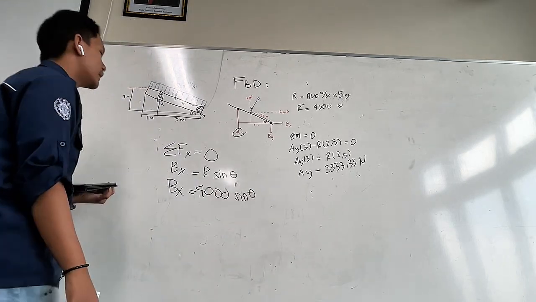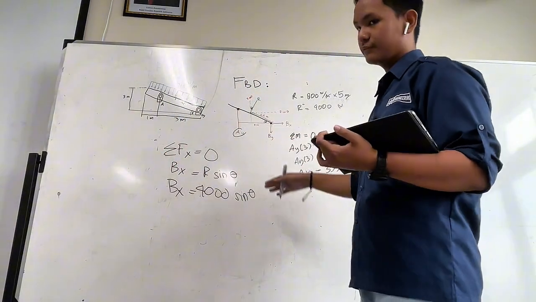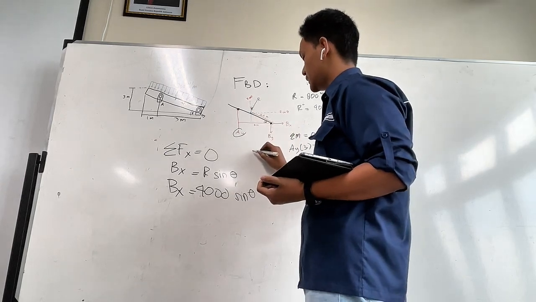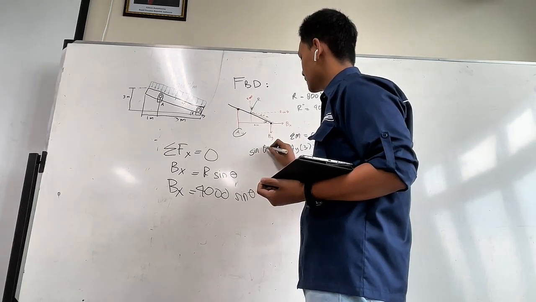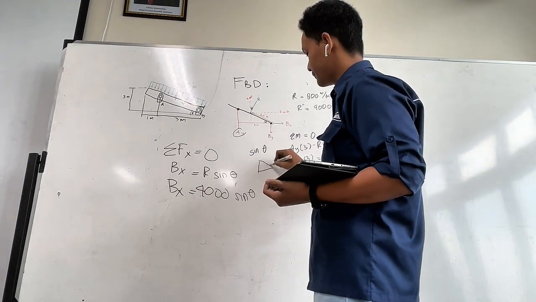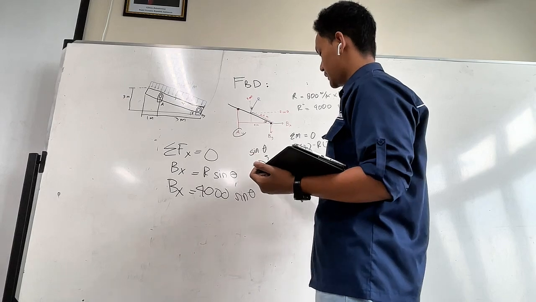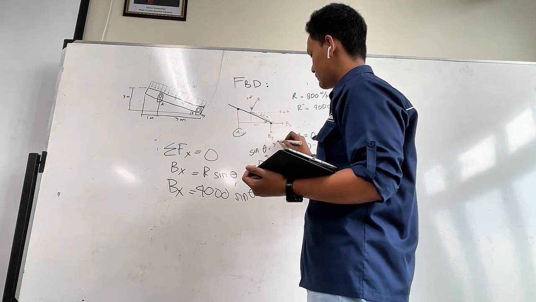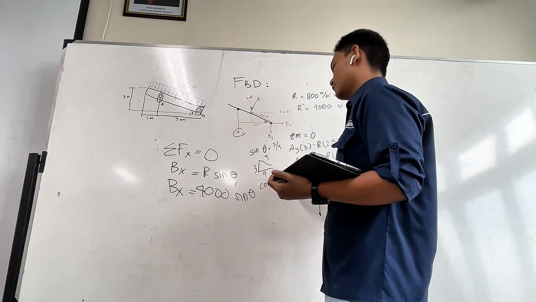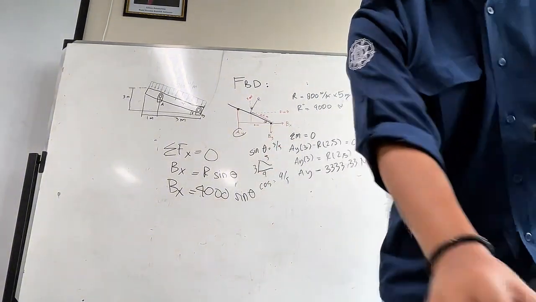Based on the trigonometric triangle that we've created before, we can determine the sinus and cosinus of theta. We have this triangle here, 3, 4, and 5. Sinus will be 3 divided by 5, and cosinus will be 4 divided by 5.